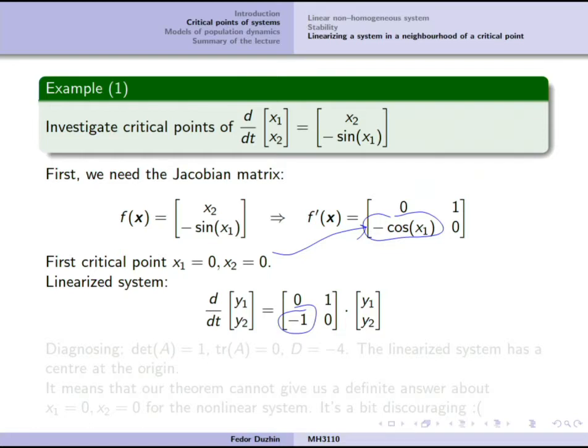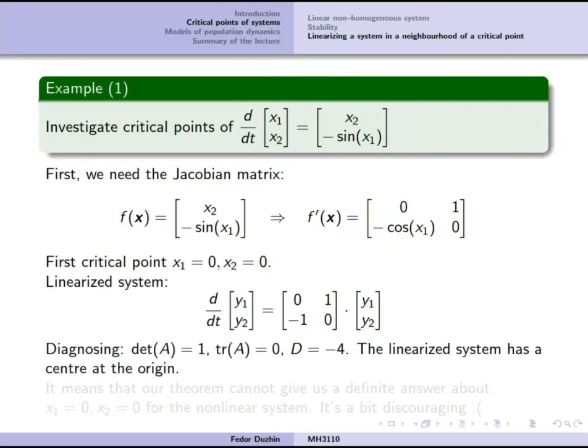And the question is, what kind of critical point does this linearized system have? We can diagnose it using the techniques that we learned in the last lecture. The determinant is 1, the trace is 0, the discriminant is -4.